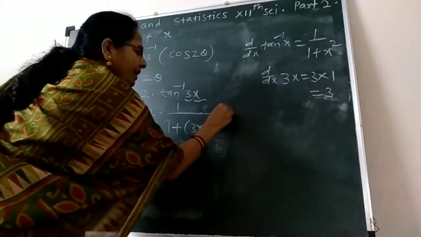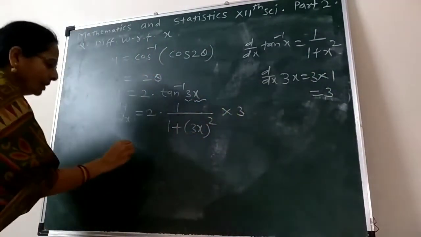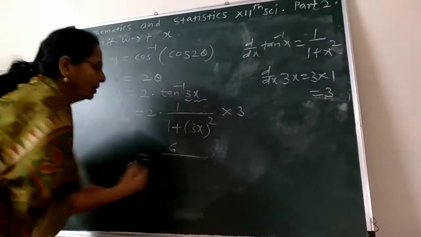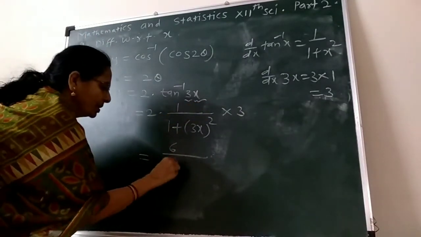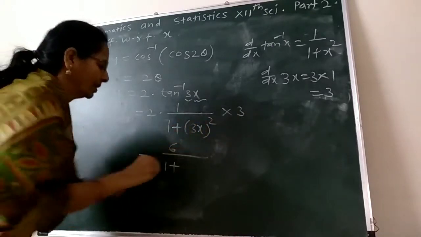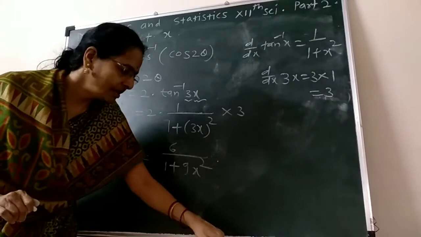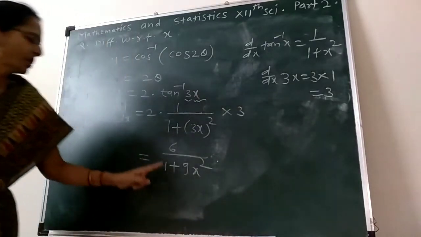So multiply here by 3. In the numerator there is 6, in the denominator 1 plus 9x square. This is the answer, 6 upon 1 plus 9x square.